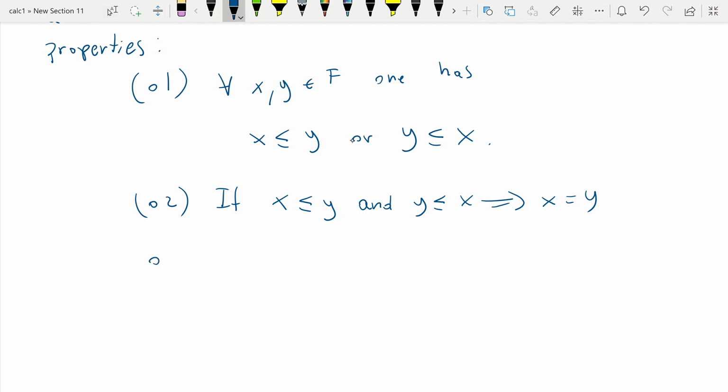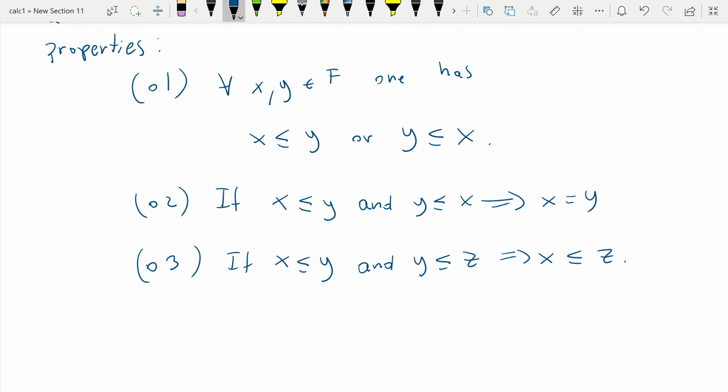And then the very desirable property, again, we're just using this as a way of finding an intuition behind everything: if x is smaller than or equal to some y, and y is smaller than or equal to some z, then x is smaller than or equal to z.